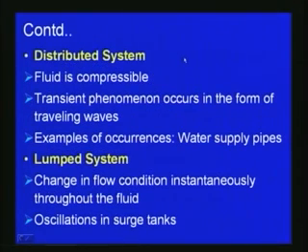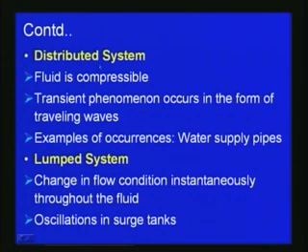Here we will discuss the hydraulic transients in closed conduits or pipe systems. The pipe system which we discuss is a distributed system, and we will also briefly discuss hydraulic transients in lumped systems, as in the case of a surge tank.